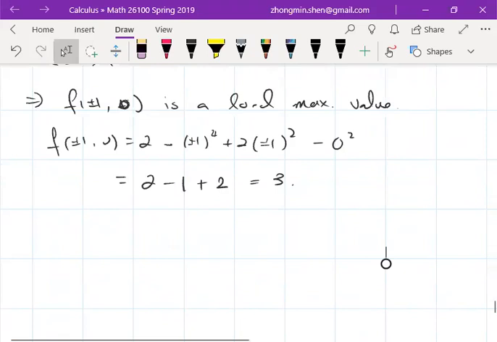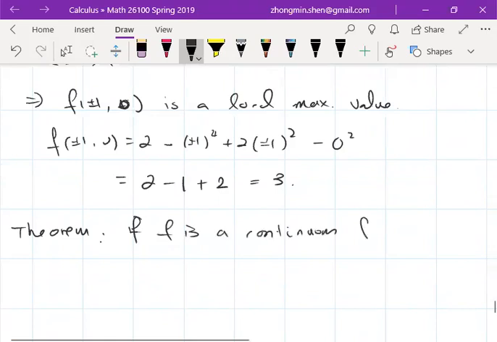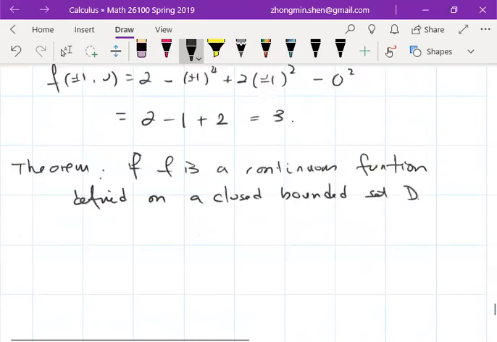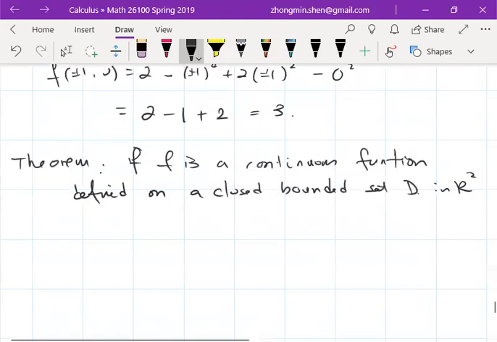So if f is a continuous function defined on a closed bounded set D in R2 or even higher dimension, then it is guaranteed the function has an absolute maximum value and absolute minimum value somewhere.